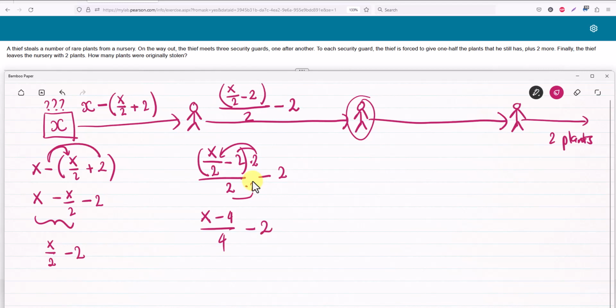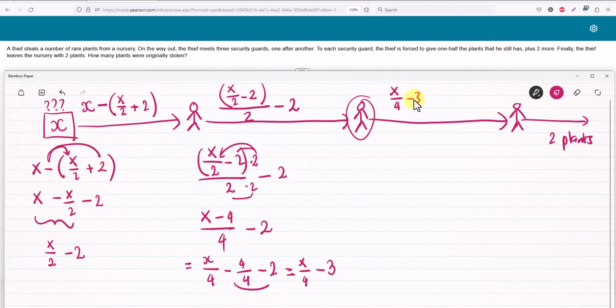Then I can split this out: x over 4 minus 4 over 4 minus 2. This is x over 4, and 4 divided by 4 is minus 1. Minus 1 minus 2 is minus 3. So after he met the second guard, he only has x over 4 minus 3 plants left.